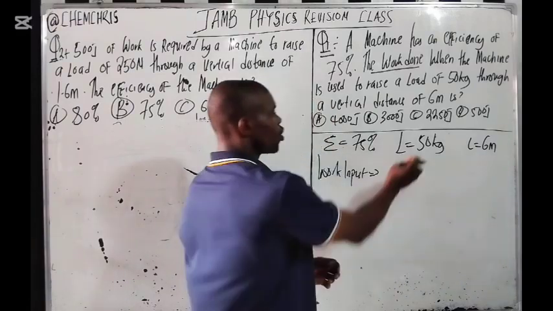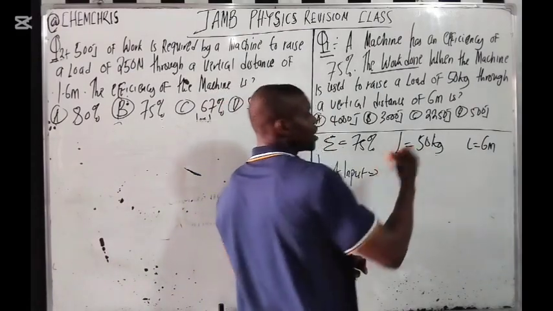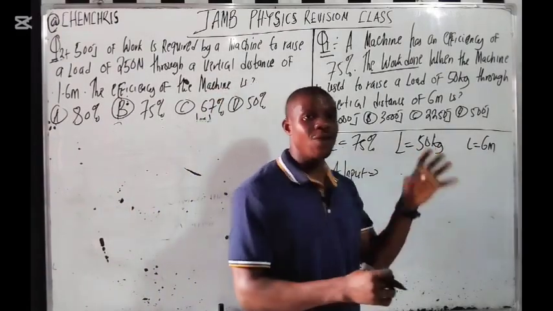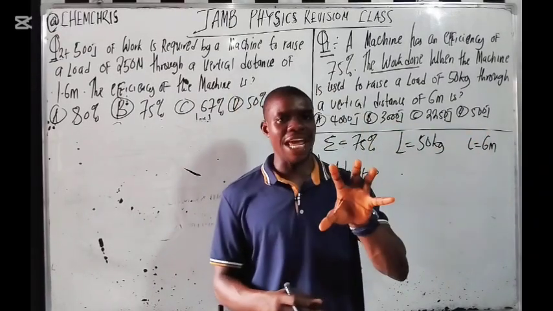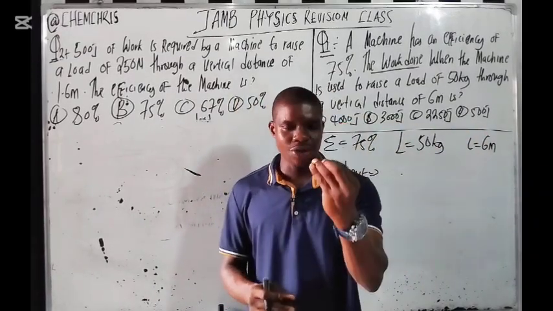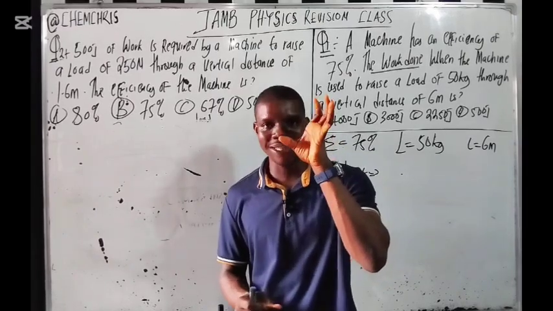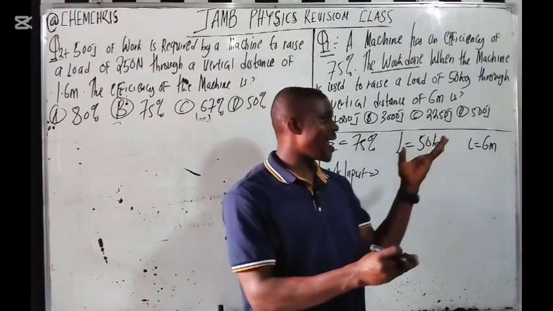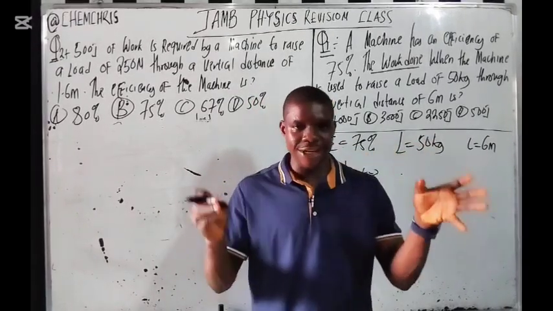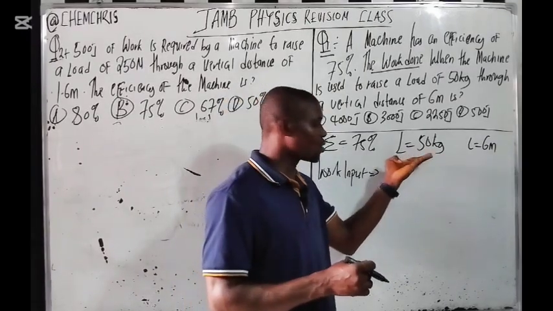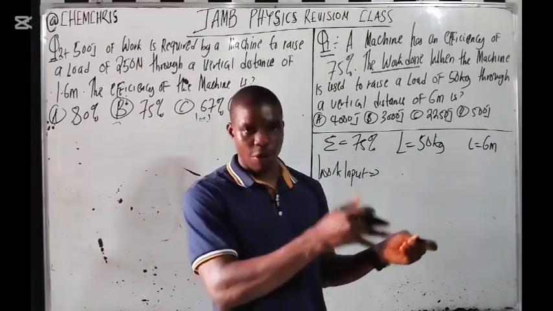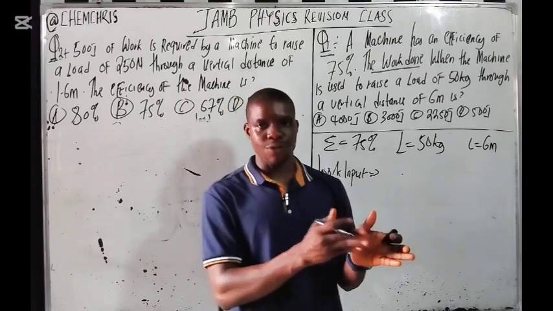In some questions the load is given in Newton, fine. But here it is given in kg, and you cannot use it like this. You have to convert this load to force.